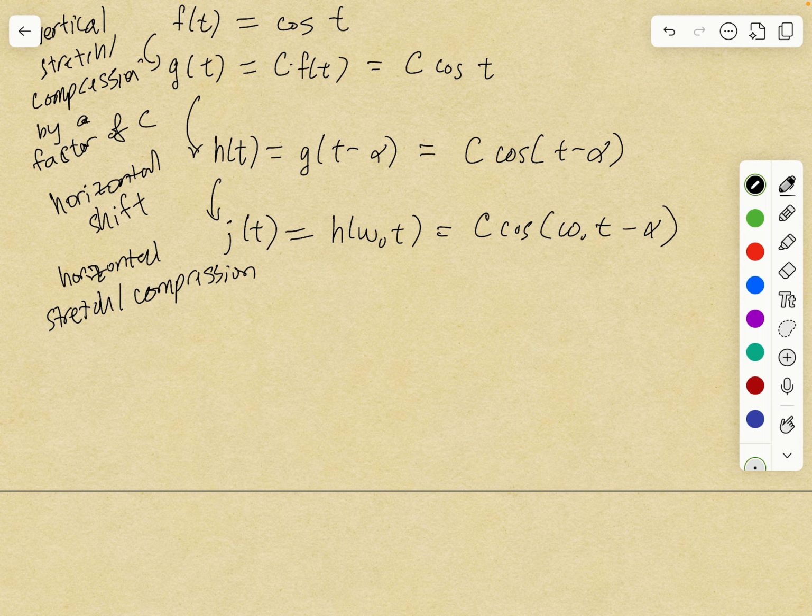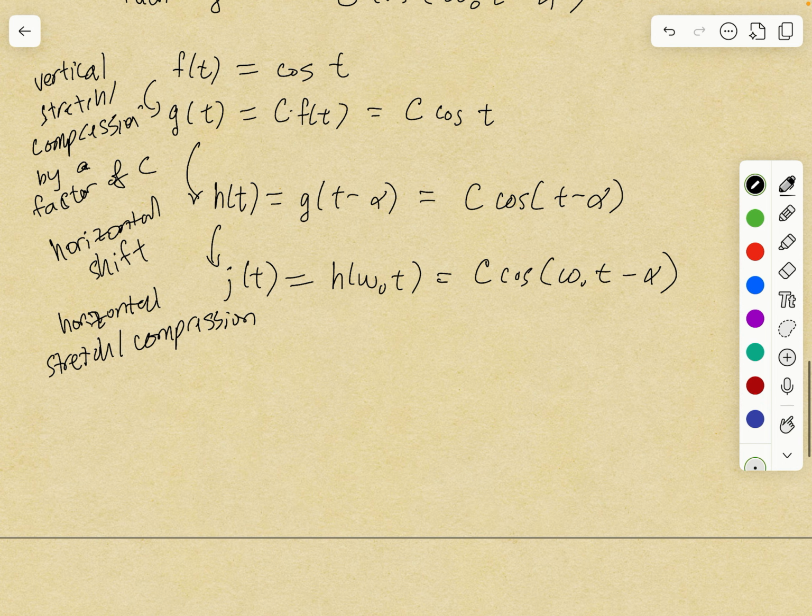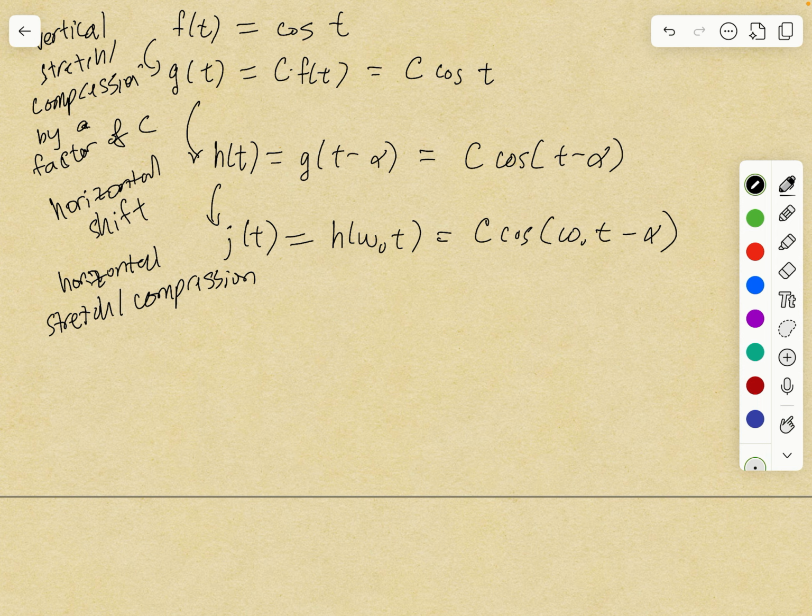It's a wave. And this constant C, that's the largest value of x, right? Because cosine is between -1 and 1. So this function x of t goes up and down between C and -C. It's C when cosine of the inside is 1, and it's -C when cosine of the inside is -1.